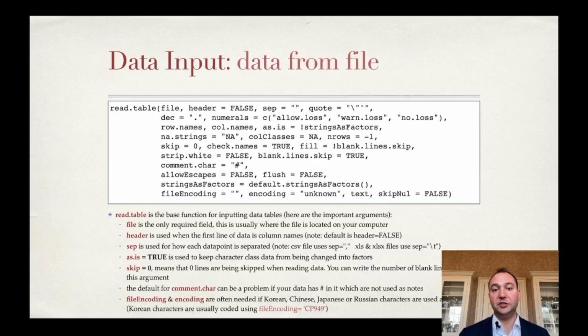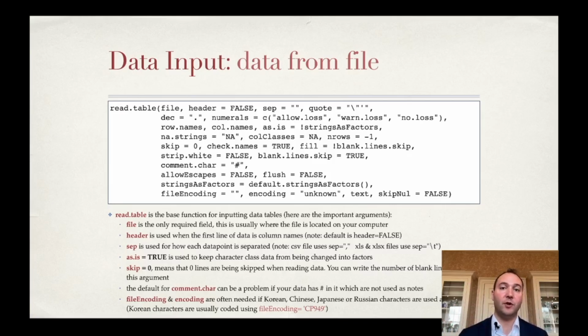Another common change is the separator. SEP means what is separating the values. If you have a CSV file, then your separator is a comma because CSV stands for comma separated values. Therefore, in a CSV file, you would change the sep argument to a comma in quotation marks because the comma is separating the values.